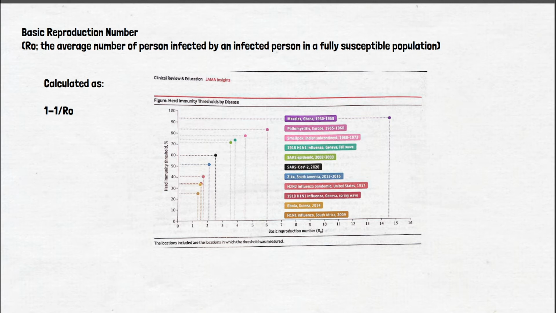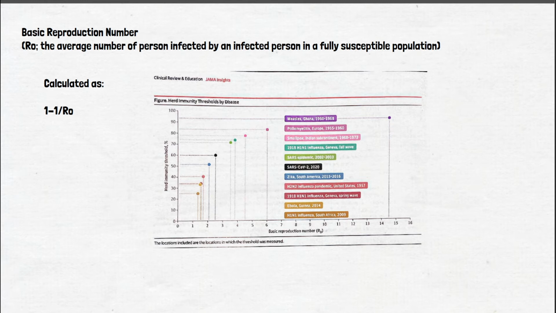Unfortunately, since the beginning of the SARS coronavirus 2 pandemic, most studies estimated the R0 of SARS coronavirus 2 to be in the range of 2 to 3. Assuming no population immunity and that all individuals are equally susceptible and equally infectious, the herd immunity threshold for SARS coronavirus 2 would be expected to range between 50 and 67% in the absence of any interventions.